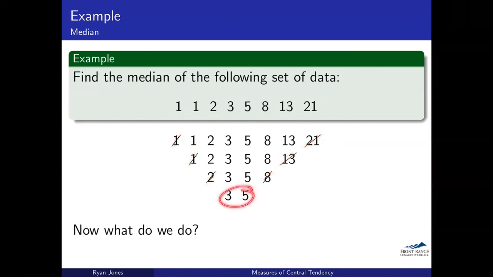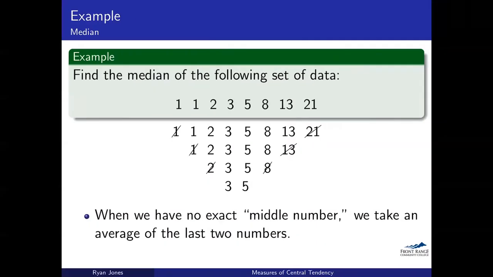And so that means that you need to take an average of these. So in this case, our median is 4. We would take an average of 3 and 5. 3 plus 5 would be 8, divided by 2 would give me 4. And so 4 would be our median. Let's write that right there. 4 is equal to median.